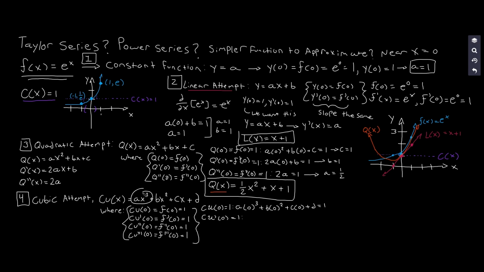I'm going to try to do this in my head, so I don't know if this is going to be right, you guys. So a times x raised to the third power, 3 is going to come out front, so it's going to be 3a x raised to the second. So 3 times a, and that x we're going to replace with a 0.